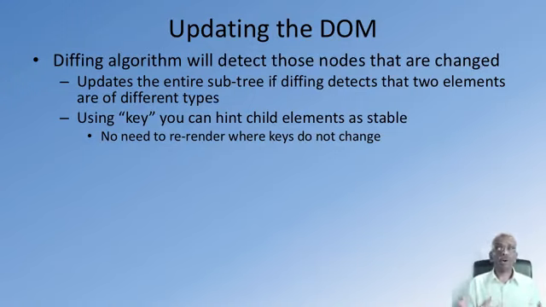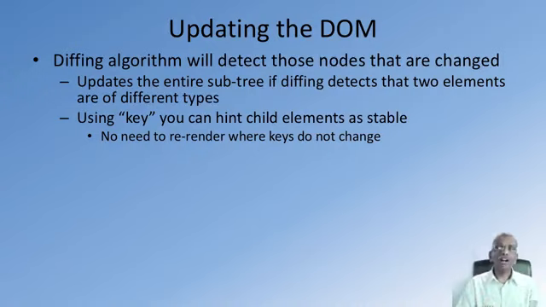And so once it detects all the nodes that have changed, as we have seen, the red colored nodes that were marked in the tree, this may result in updates to the entire subtree if the diffing detects that the two elements are of different types. So the diffing algorithm identifies the minimum number of components or the minimum part of the tree that needs to be updated in order to make the modified version in sync with the browser DOM.